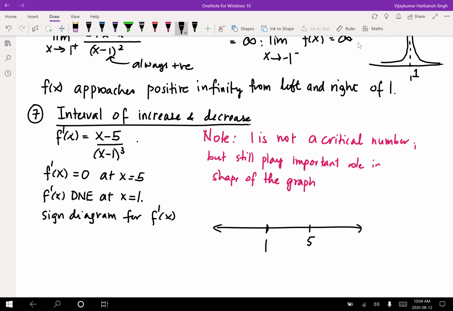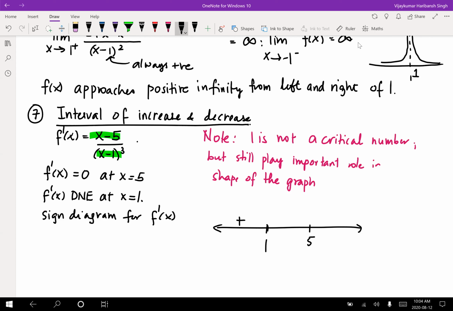Now let's check a sign here. So let's take anything here, say 0. When you put 0, in the denominator you get 0 minus 1 cubed, which is negative, and on top 0 minus 5 is negative. So negative divided by negative makes it positive. Similarly, let's take 2 here.